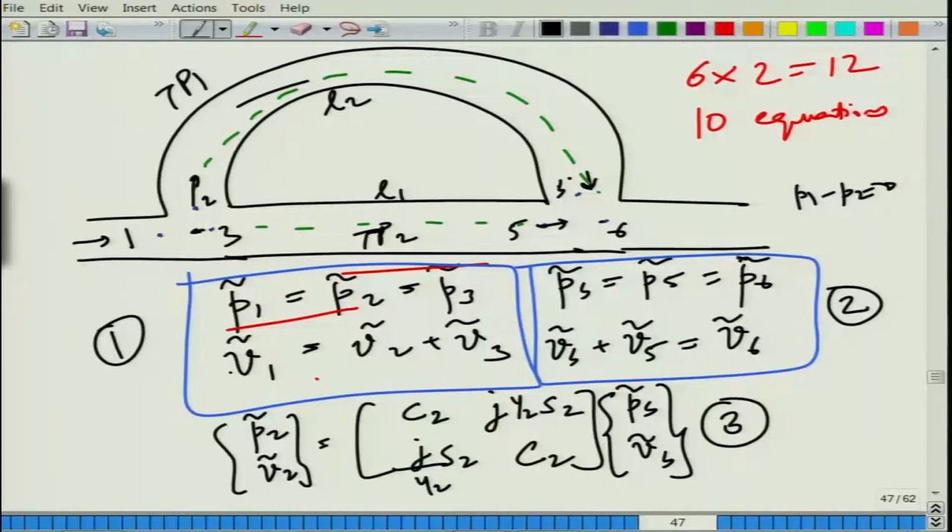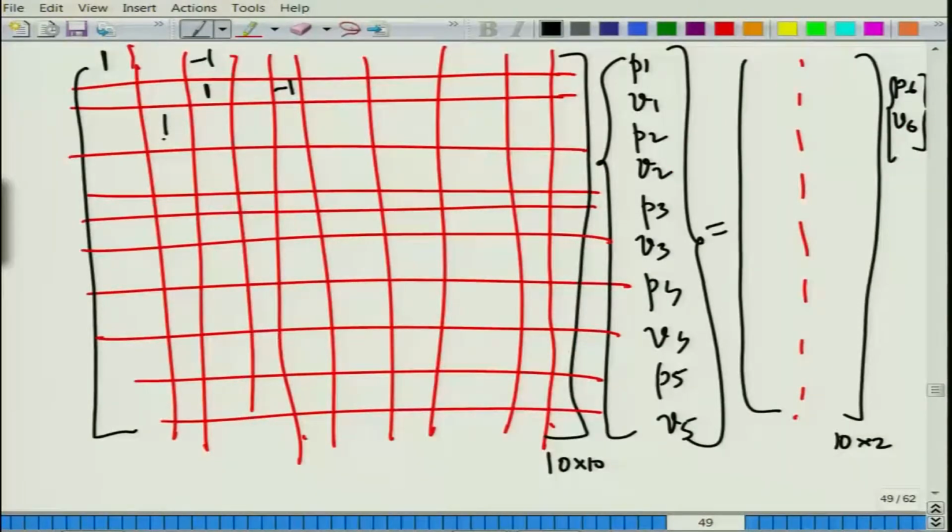V1 minus V2 minus V3 is equal to 0. So, there will be two negative signs placed in front of V2 and V3. So, we will have minus 1 here and also a minus sitting here. Okay. So, these are the three equations for the first junction laws.